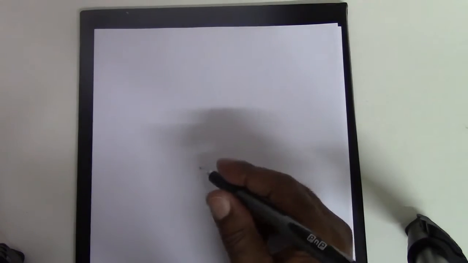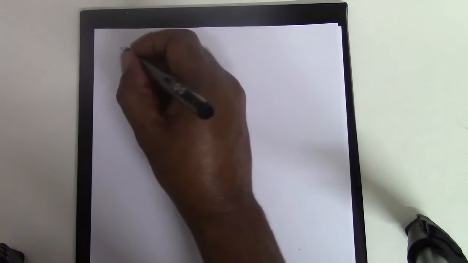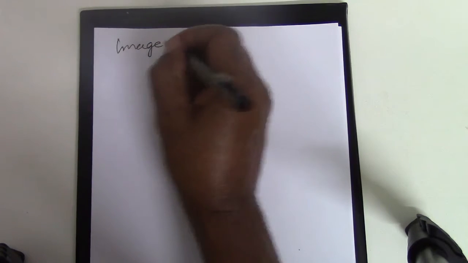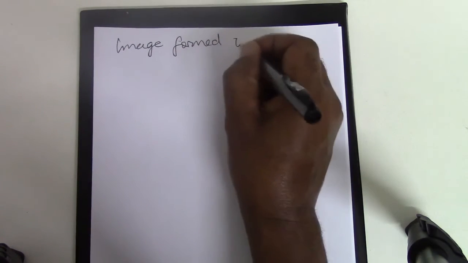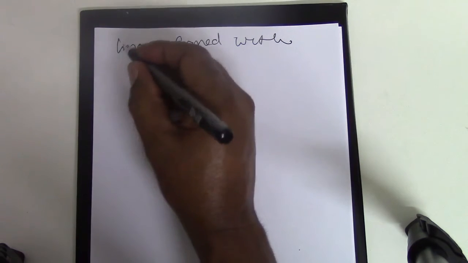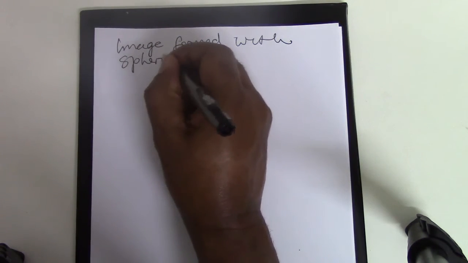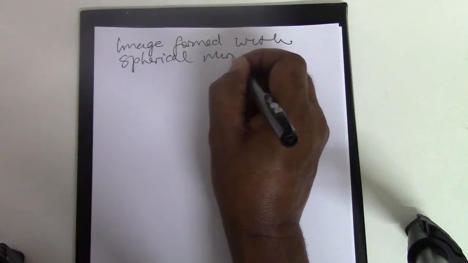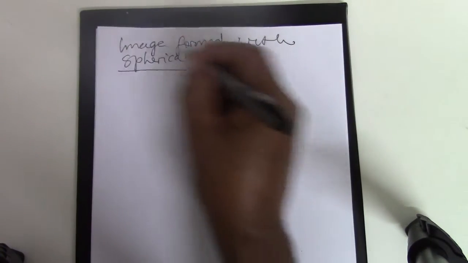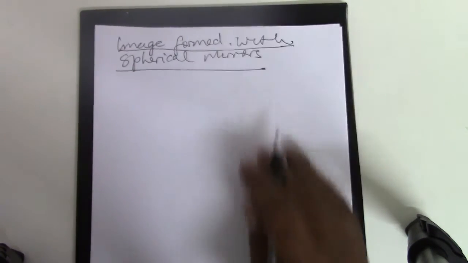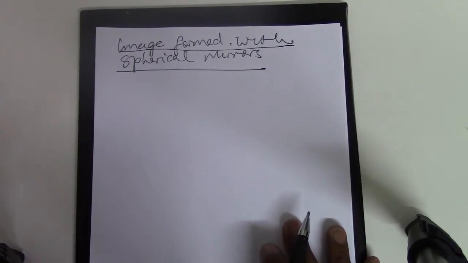Right, now let's look at the next point of discussion, which is image formed with spherical mirrors. Right, we saw the image formed by a plane mirror. Now we are going to briefly look at images formed with spherical mirrors.